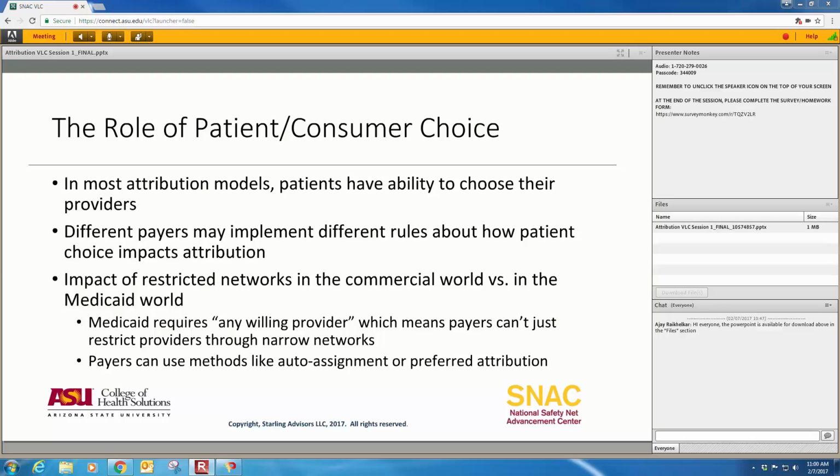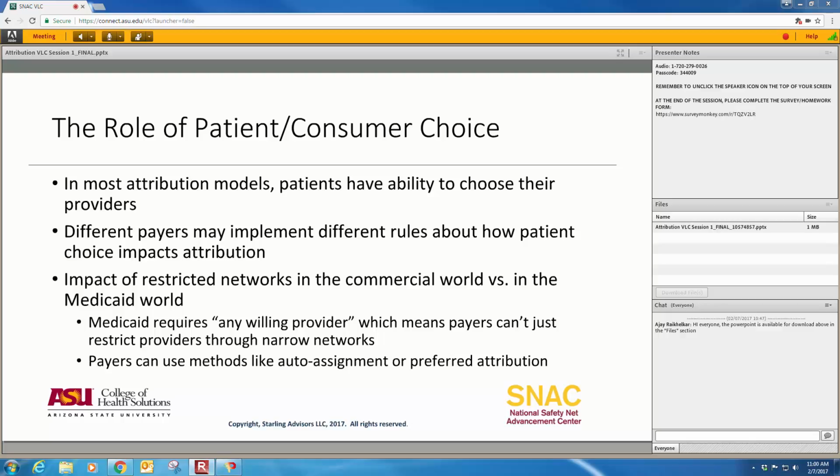And we are probably familiar with concepts like HMOs and PPOs that have different rules for how much gets paid on behalf of our care if we use an in-network versus out-of-network provider. And there may be scenarios where some providers are so far out of network that the insurance company is unwilling to pay anything for their care, and we are left as the patient fully responsible for any charges that we incur.